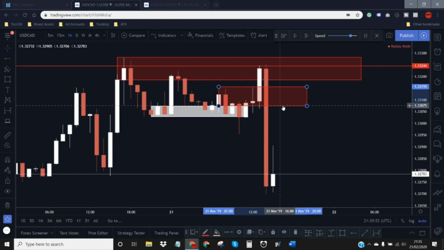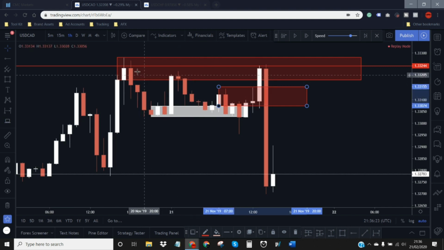But ideally, you always want to go for the birth of the move and not the origin of the move, because the community and I have discovered that the birth of the move always works out more, at least 80% of the time, than the origin. So please pay attention to that.